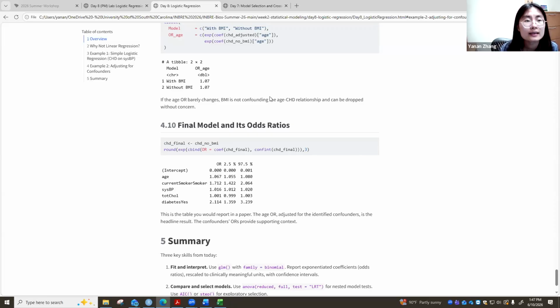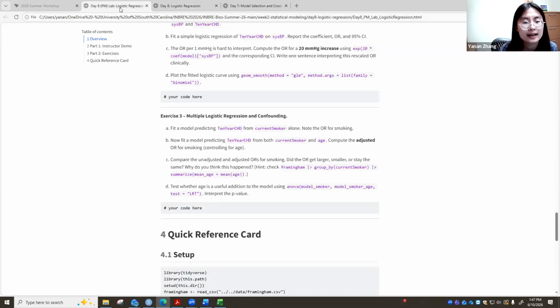Okay. So I think I will stop here and we can work on exercise 3, where we want to model the relationship between cholesterol, coronary heart disease, and smoking status. In the first step, we need to fit a crude model, which is the unadjusted model. In part B, we will fit an adjusted model where age will be the potential confounder.